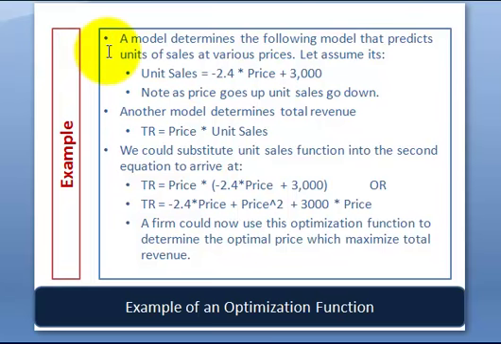If we had a model that predicts unit sales at different prices, let's say unit sales is a function of negative 0.25 times the price. Once again, as the price goes up, our unit sales go down, plus 3,000. Another model might be used to determine total revenue. Total revenue equals our price times our unit sales.